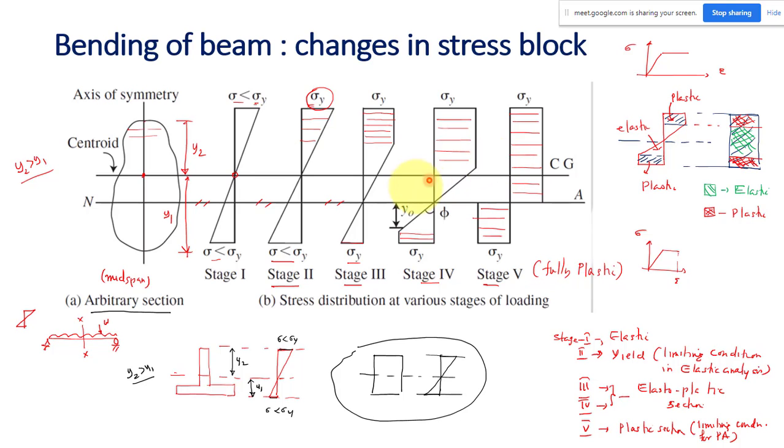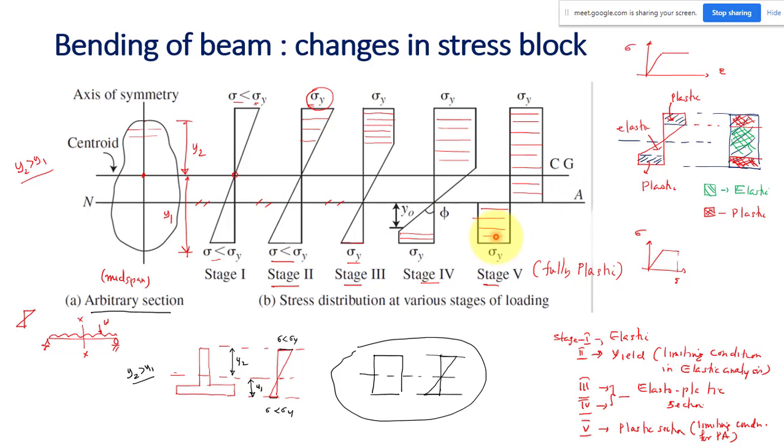This happens if your section is unsymmetric. If you have a symmetric section like a rectangular section, symmetric I section or circular section, your axis will not shift. But if you have an unsymmetric section, maybe something like a T section, your elastic neutral axis and plastic neutral axis will both be different.